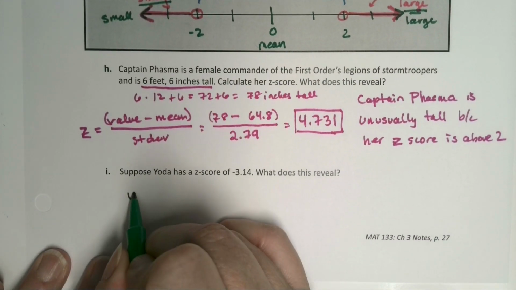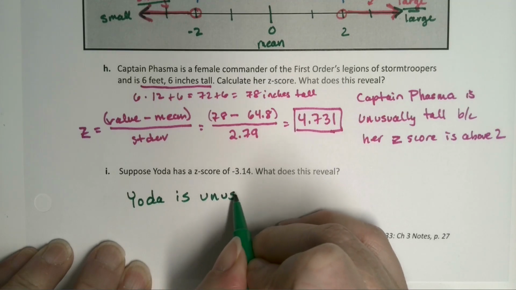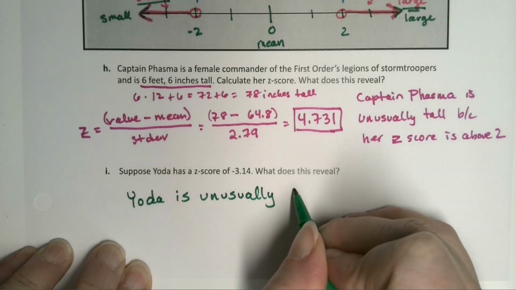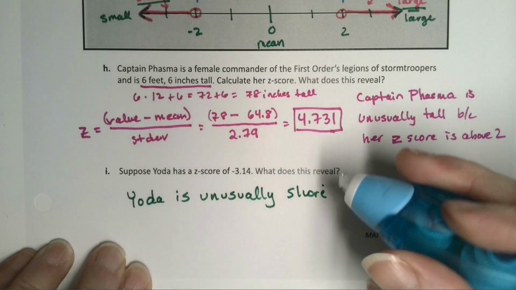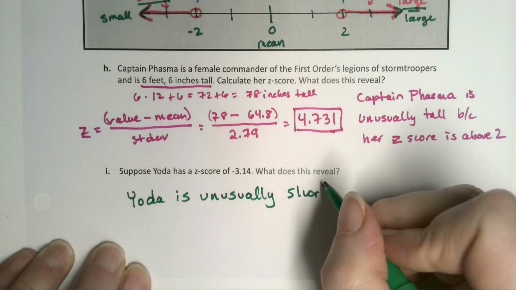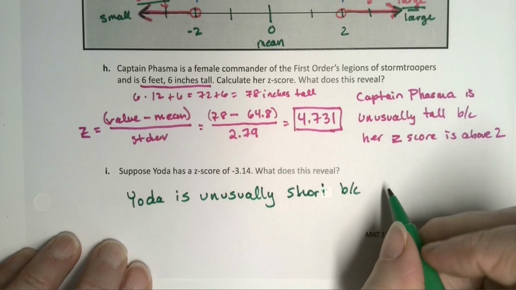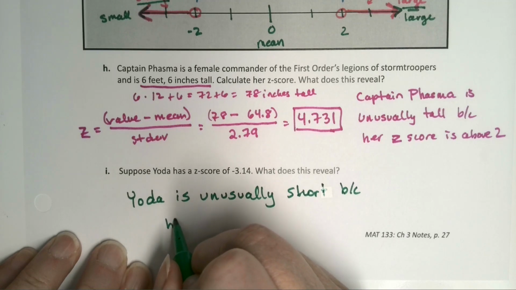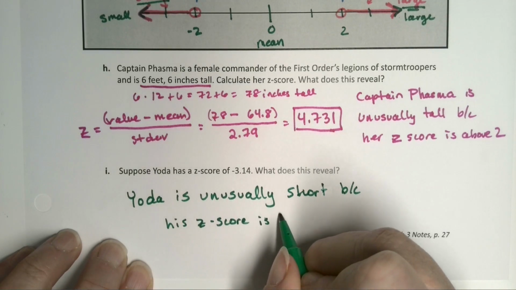So Yoda is unusually short, because his z-score is below negative 2.